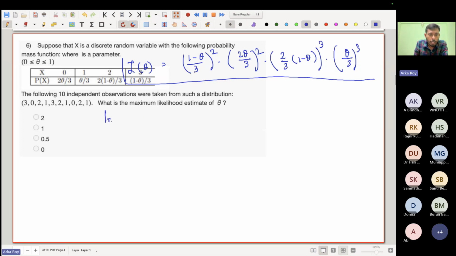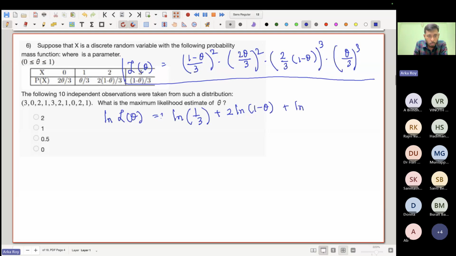The log likelihood would be ln of L theta, and then I can write it as ln 1 upon 3 plus 2 ln 1 minus theta.